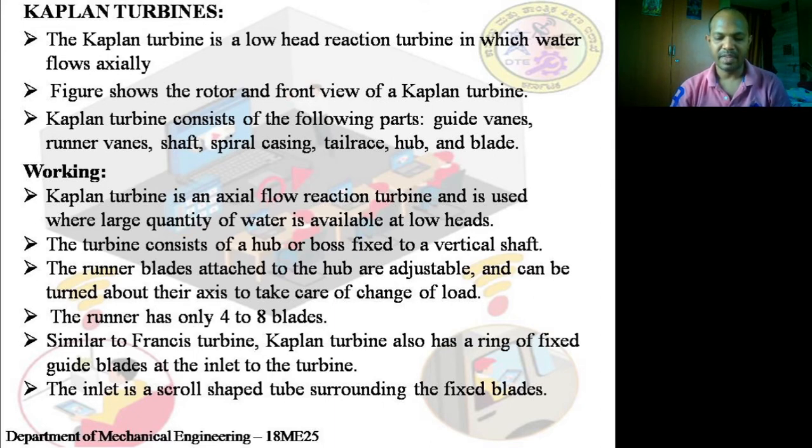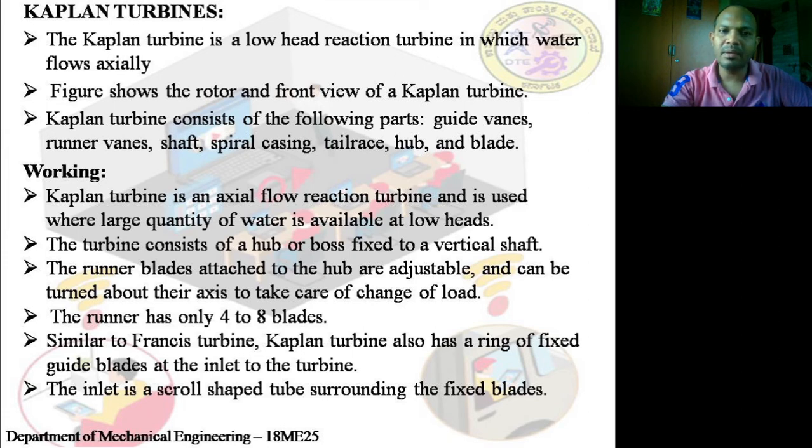That is the reason why it is also called a propeller turbine. The Kaplan turbine is an axial flow reaction turbine, used where a large quantity of water is available at low head, that is, less than 50 meters head. Then we go for the Kaplan turbines.